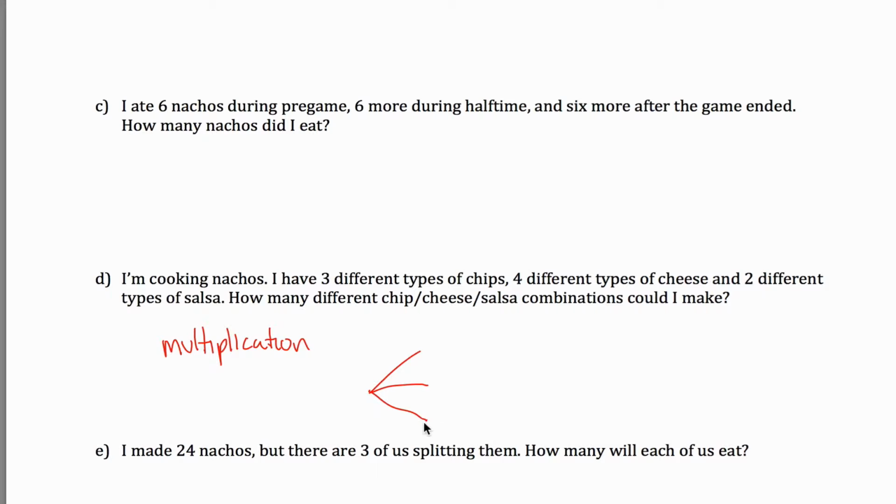So you pick your chip here, and then regardless of which of these chips you chose, you have 4 different types of cheese. Kind of squeeze those in. And then each of these tree branches here, 1, 2, 3, 4, 5, 6, 7, 8, 9, 10, 11, 12, represent a chip-cheese combination.